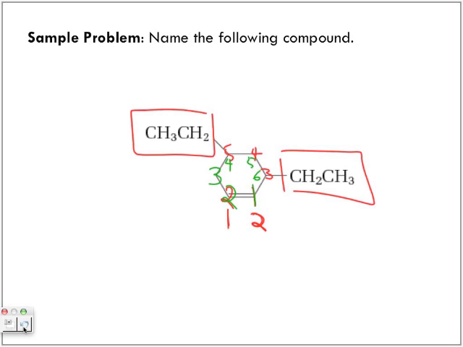Now, let's look at the chain. When we're naming it, we're basing it from our ring structure. It's six sides, so 6 carbons, so we know it's some kind of a hexane. But because of the double bond, it's a hexene. Because it's a ring structure, it's a cyclohexene.